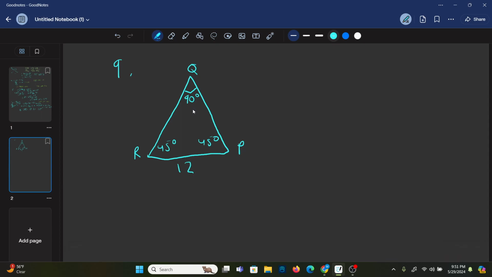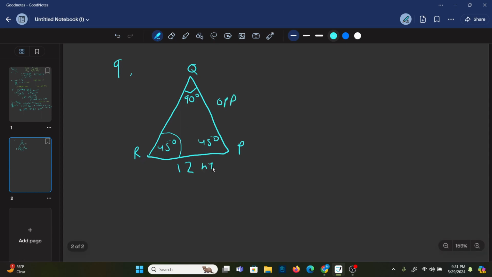So we want to know both of the side lengths. In order to do this, we would pick one of the angles. So let's just pick this angle. So we're using angle R, and if we do that, this would be opposite.